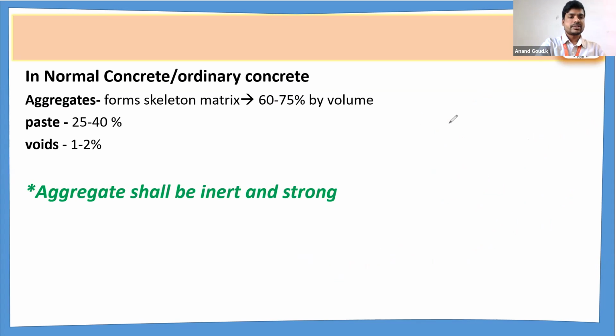Next one, paste. Here the paste quantity is 25 to 40 percentage. What do you mean by paste here?